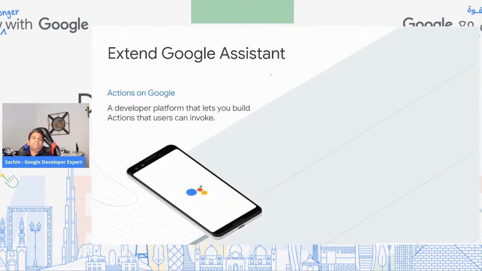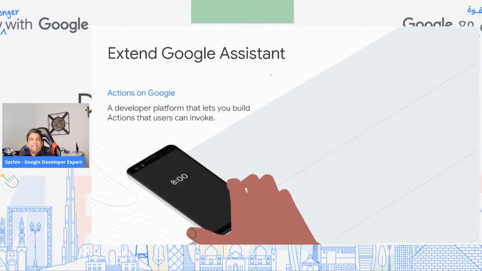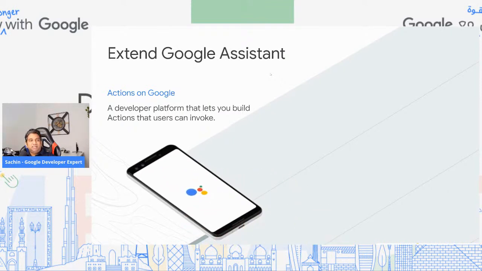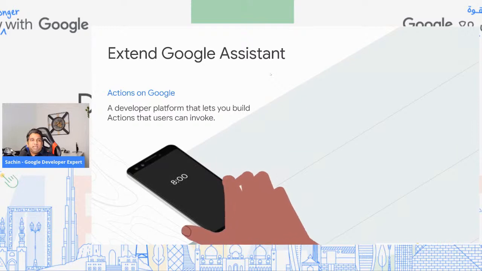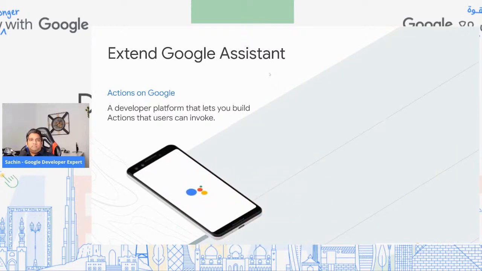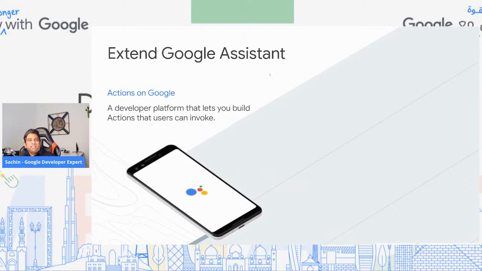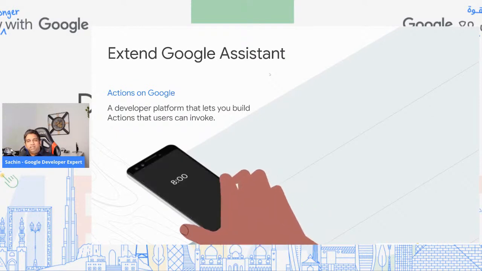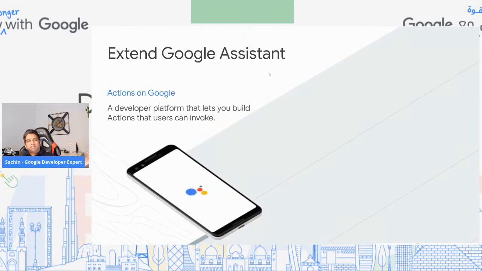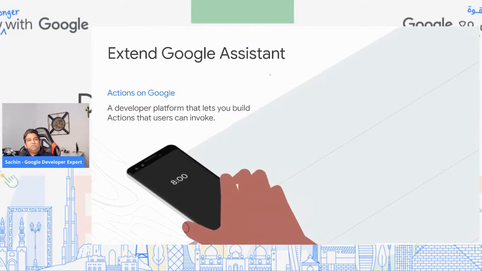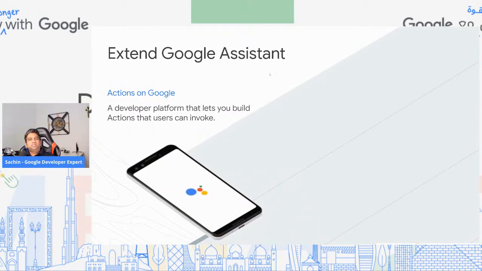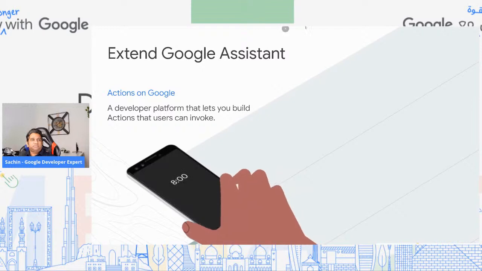Actions on Google is a developer platform that lets you build actions that users can invoke. So whenever you say, hey Google, what's the weather today? That's a specific action, a voice action that triggers certain things in the backend and gets the right information for you. And all of this is done by the Google Assistant.